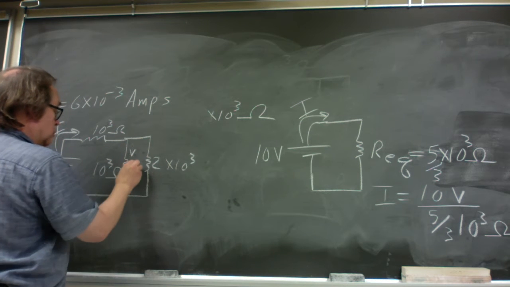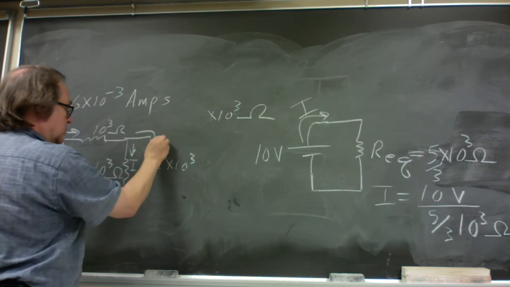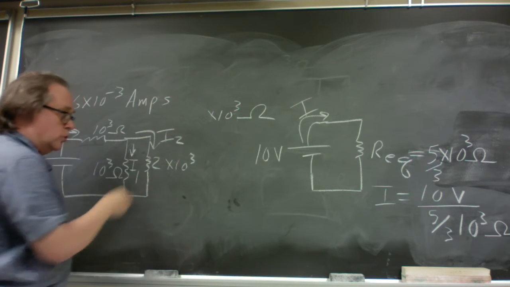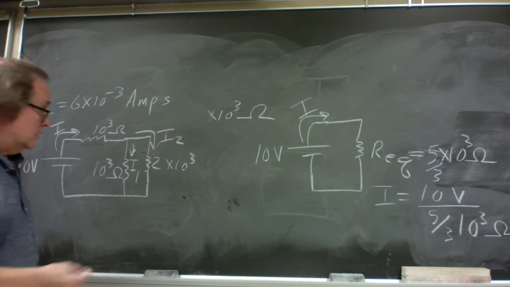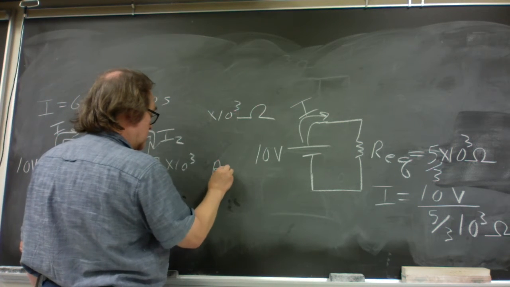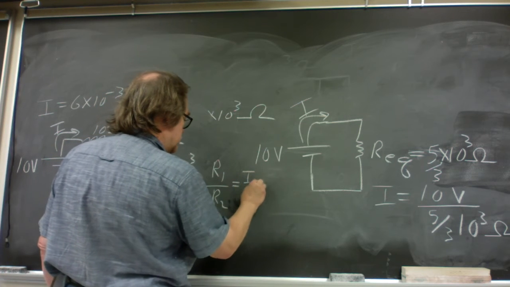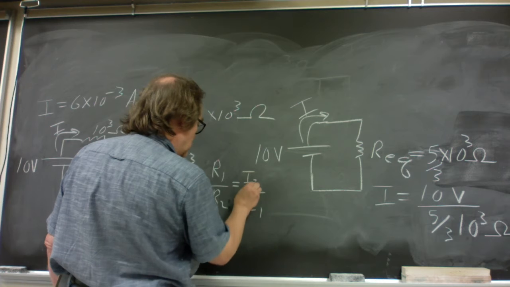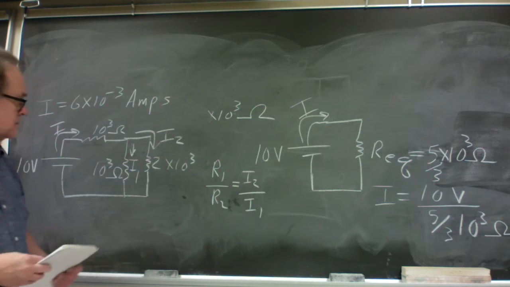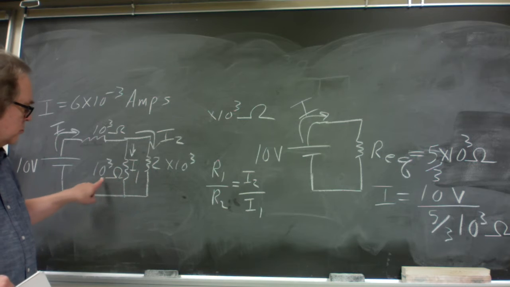Call this current 1, and the current that goes through the stronger resistance, call it current 2, where our rule was R1 over R2 equals I2 over I1. Well, R2 is 2 times 10 to the 3.